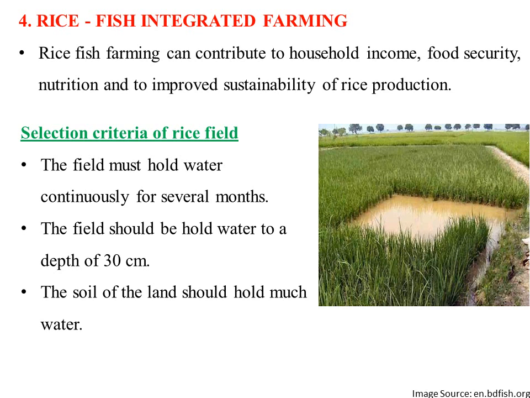Clay soil is more suitable for this purpose, and the fishes growing in this rice field will not be affected by the chemicals used as fertilizer for this paddy field.